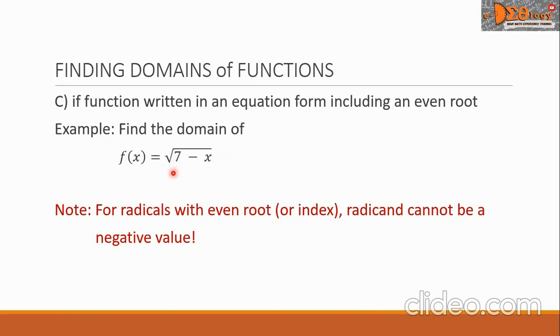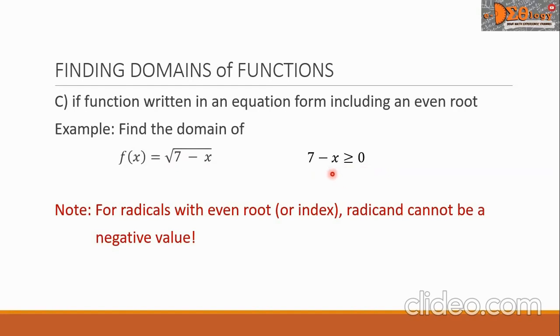So what we'll do now is copy the radicand, that is 7 minus x, and then we will write greater than or equal to 0, because the radicand cannot be negative. So we will always use the symbol greater than or equal. And from here, we will solve for x.